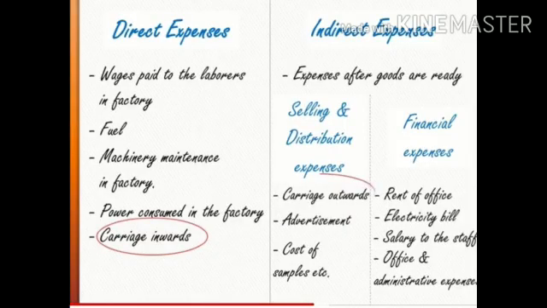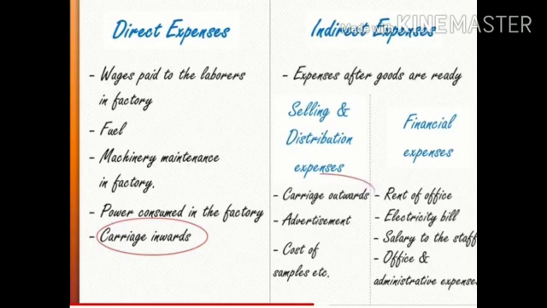Expenses incurred in manufacturing the goods, purchasing raw material, as well as preparing the goods, or factory expenses, factory related items are called direct expenses. Direct expenses are recorded on the debit side of the trading account, and when the goods go out of the business, that is recorded on the credit side of the trading account.